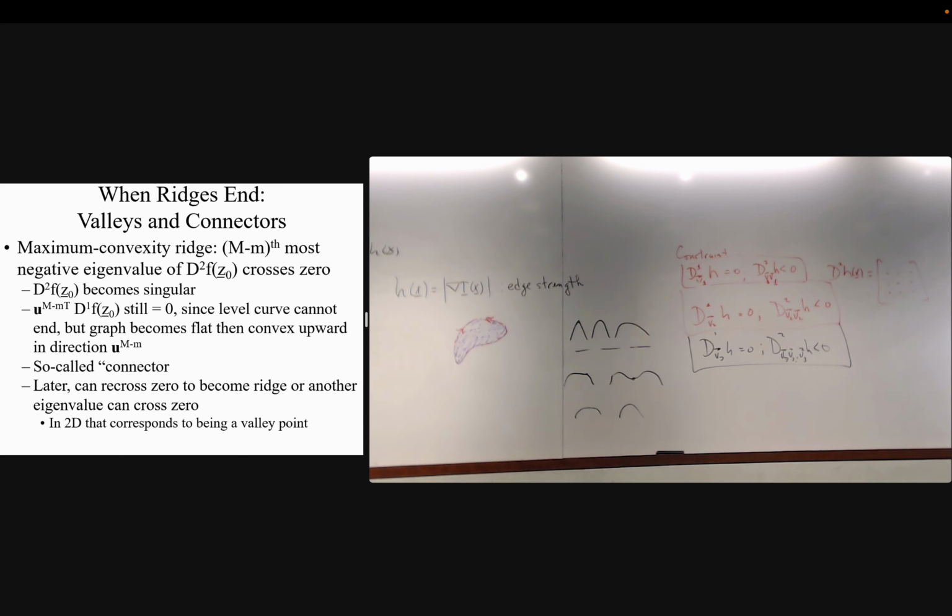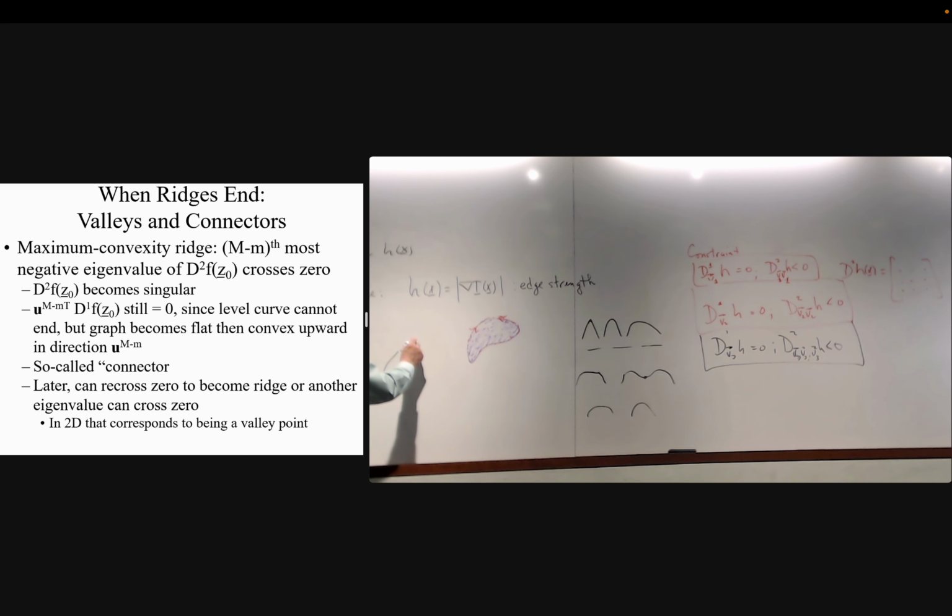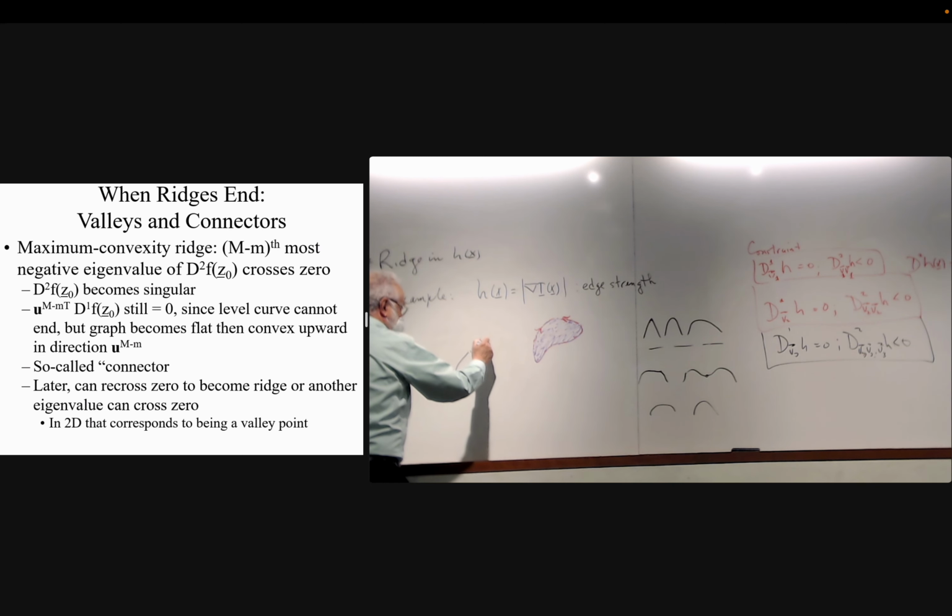And so you can pick up the ridge again if you keep walking along it. So you get a curve that over here is no longer a ridge, but it's still first derivative equals 0, and then it picks up again as a ridge.